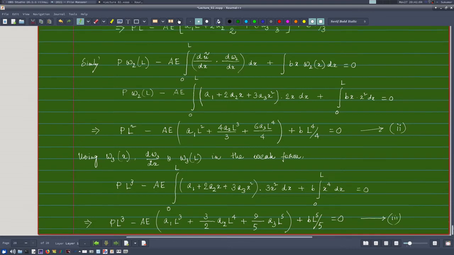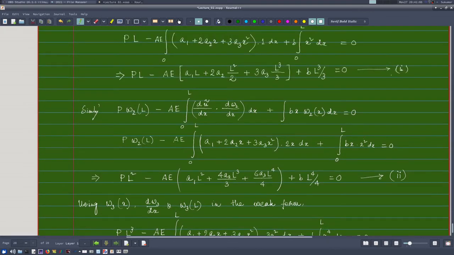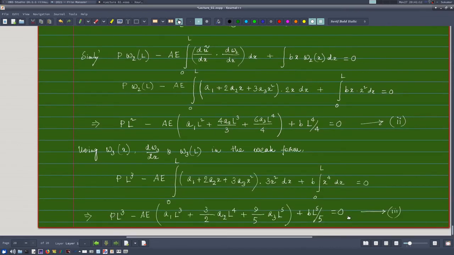Now solving these three equations, this 1, 2 and third equation, I can find out the values of A1, A2 and A3.